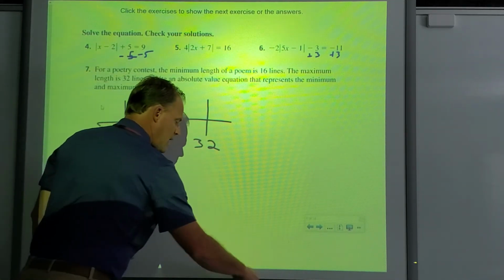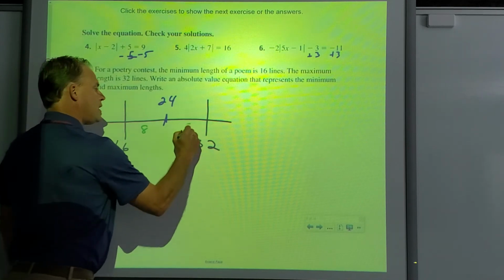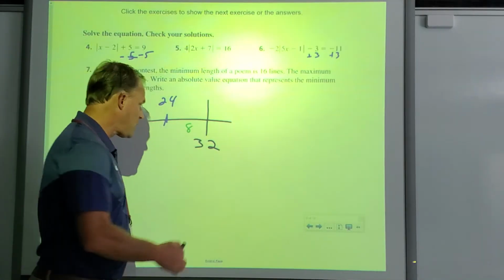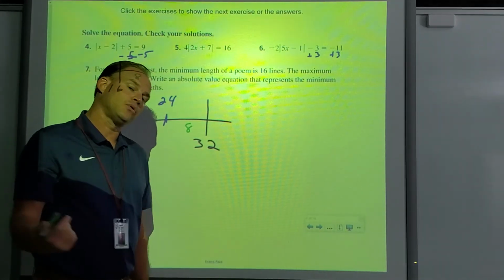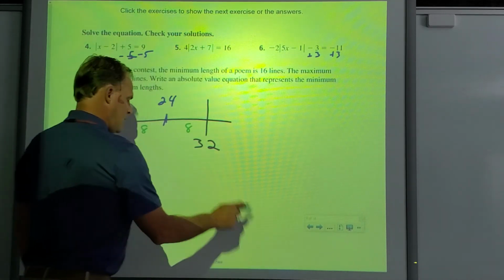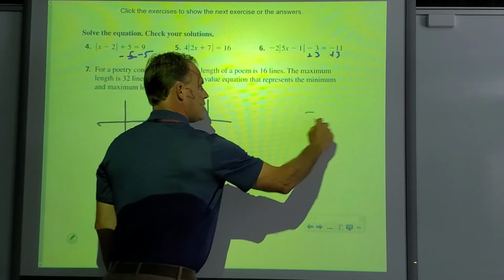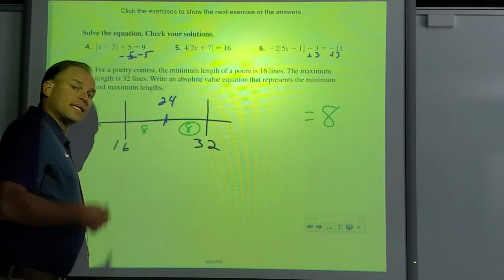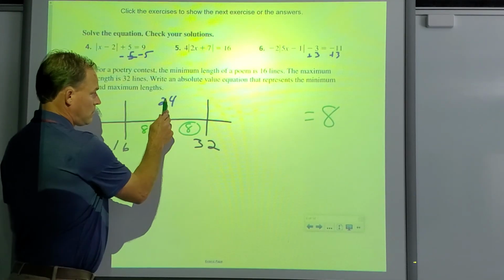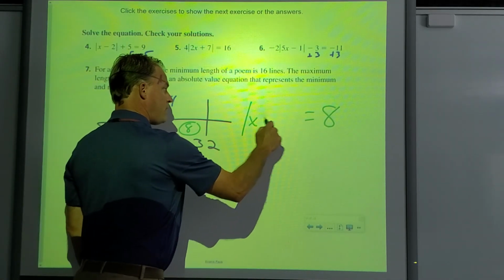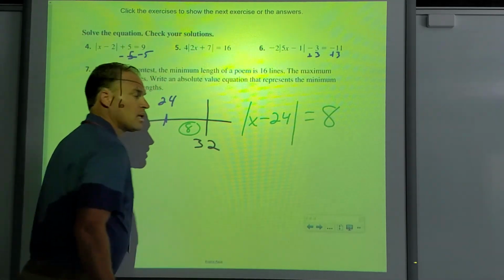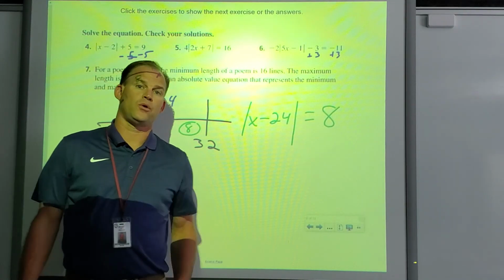That tells me I am 8 away here and 8 away here. So I'm in the middle. So again, I write my absolute value. The distance is what I'm equal to. Distance from what? Distance from 24. That's how you write an absolute value equation.